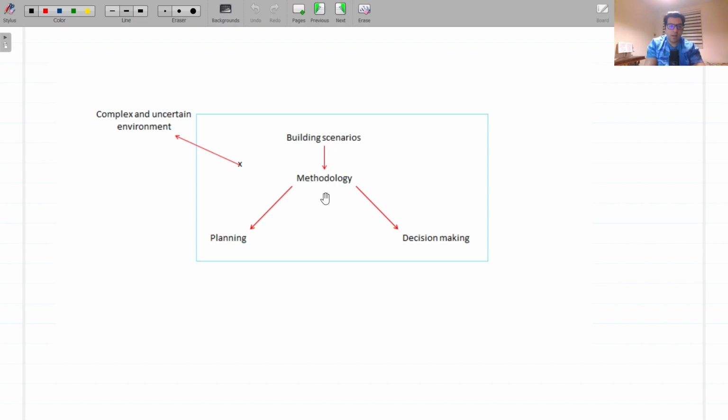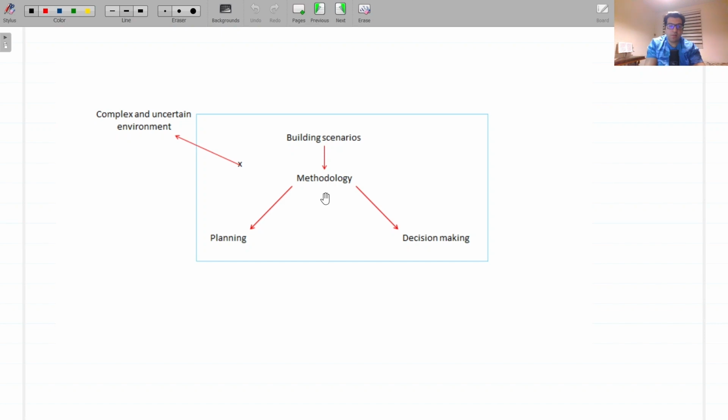Scenario thinking can be traced back to the writings of early philosophers such as Plato and Seneca. As a strategy planning tool, scenario techniques have been employed by military strategists throughout history.